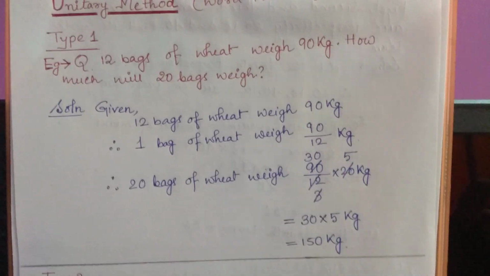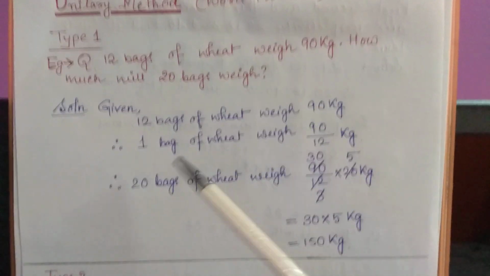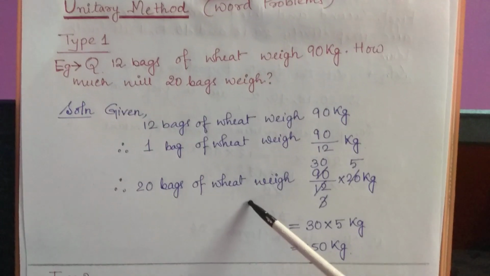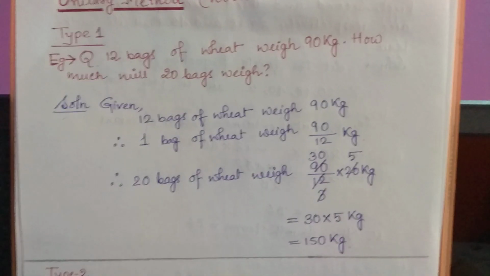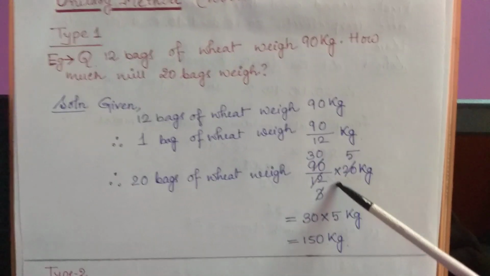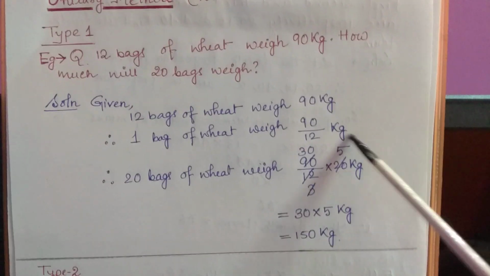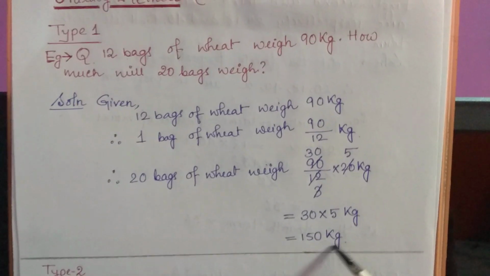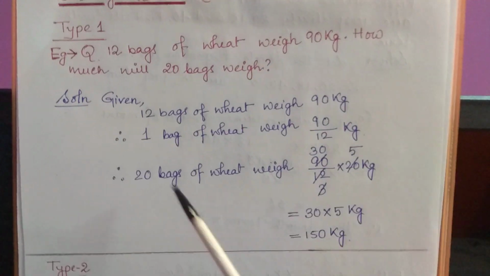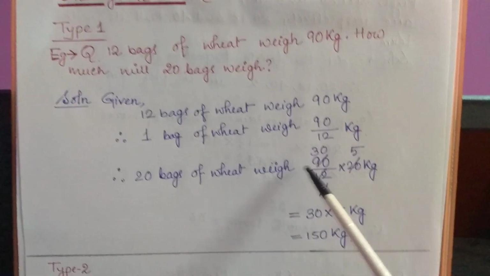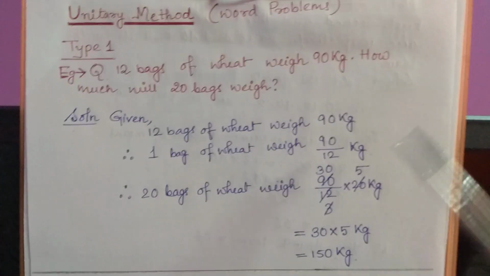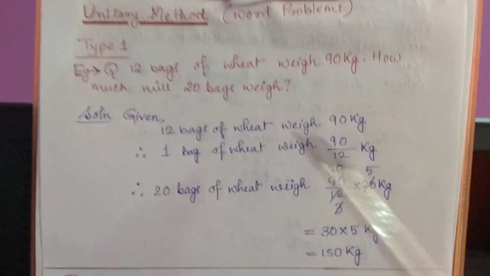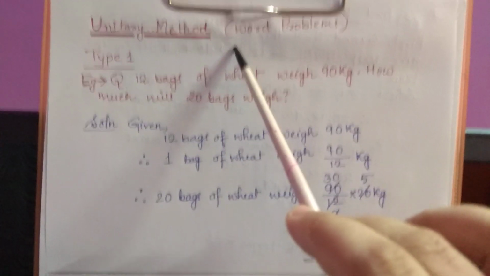As mentioned in the definition, first we need to find for a single unit and then find for the required amount by multiplying. Then I have simplified this and I have got the answer as 150 kg. So 20 bags of wheat weigh 150 kg. This is the first type, called the statement format of solving unitary method.